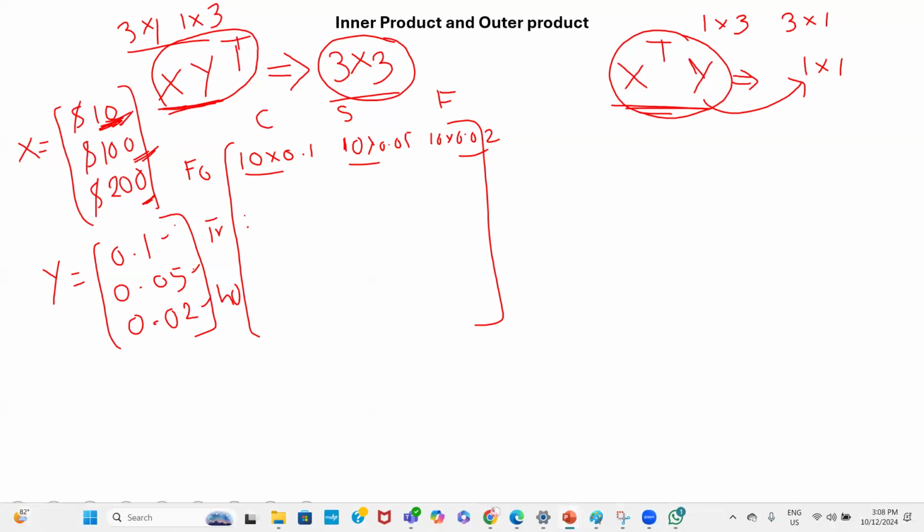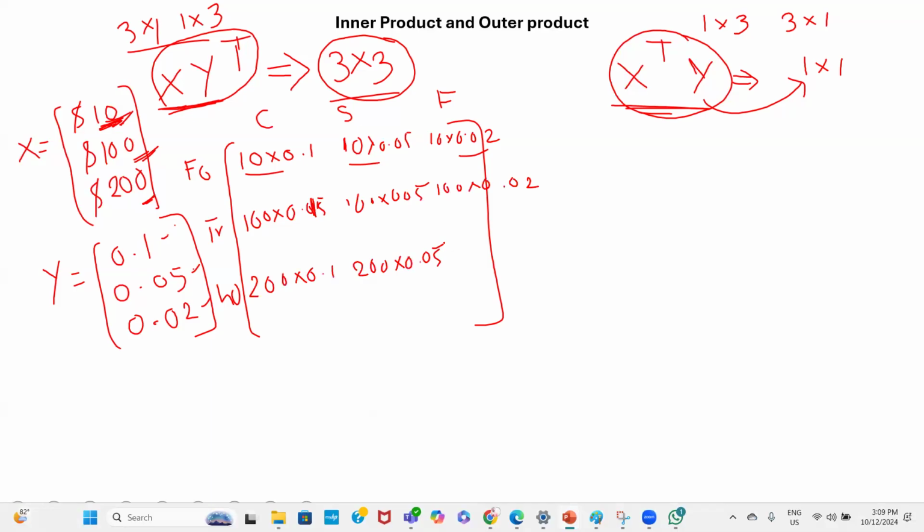So out of $100, how much tax is incurred by the city, how much by the state: this becomes 0.1, this becomes 0.05, 100 into 0.02. Similarly 200 into 0.1, 200 into 0.05.